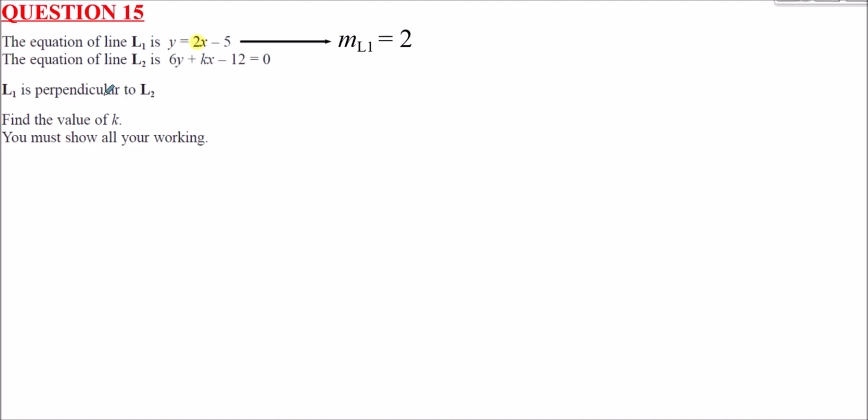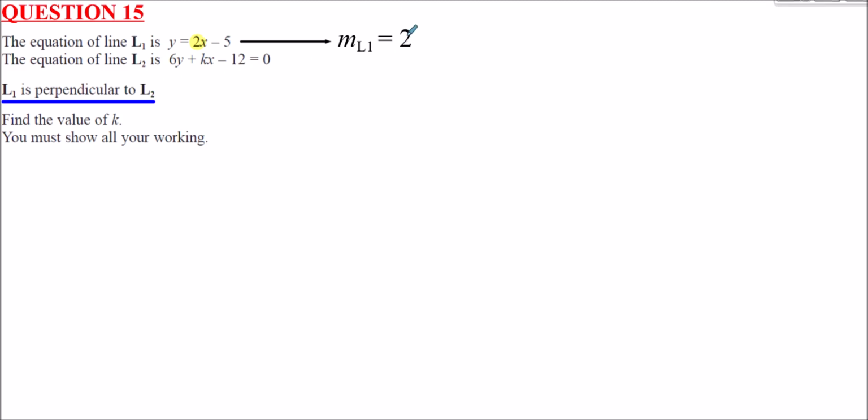The next thing is we have that L1 is perpendicular to L2. So we need to remember if two straight lines are perpendicular to one another, then the gradient of one is the negative reciprocal of the other. So if the gradient of L1 is 2 and L2 is perpendicular to L1, then the gradient of L2 will be the negative reciprocal of 2.